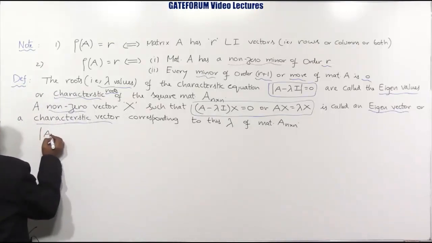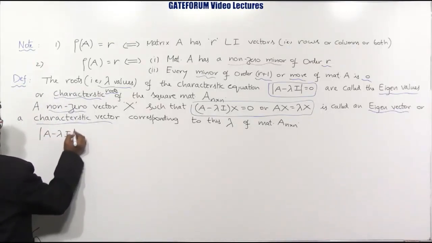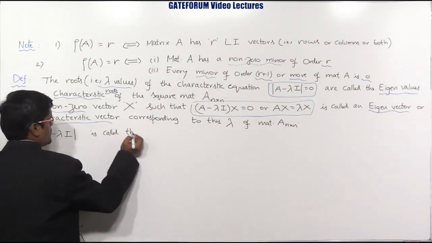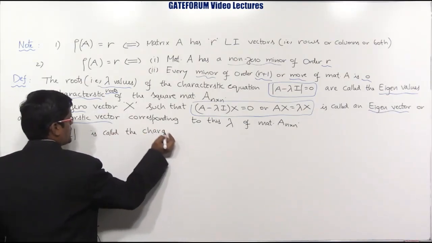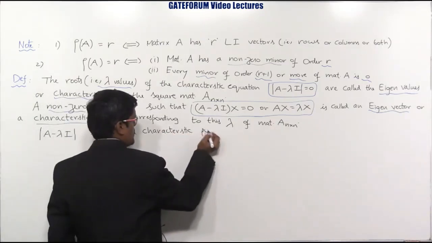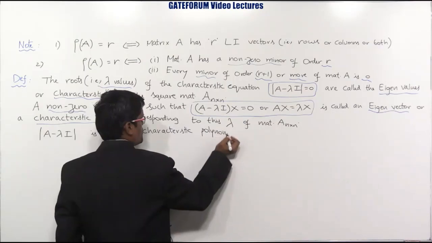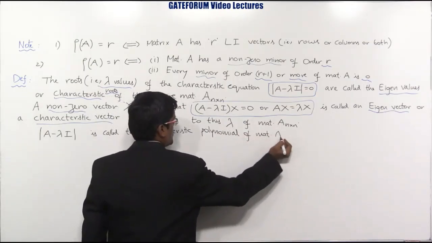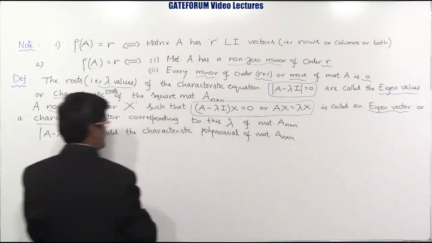Determinant of A minus lambda I is called the characteristic polynomial of matrix A, n cross n.